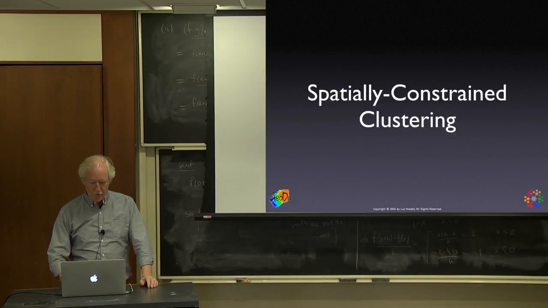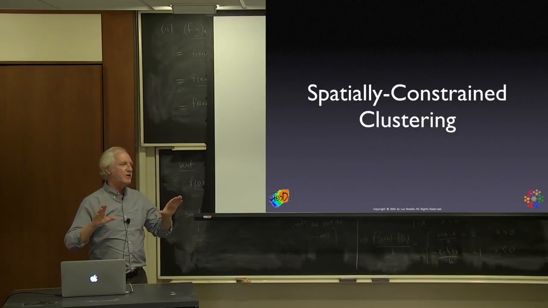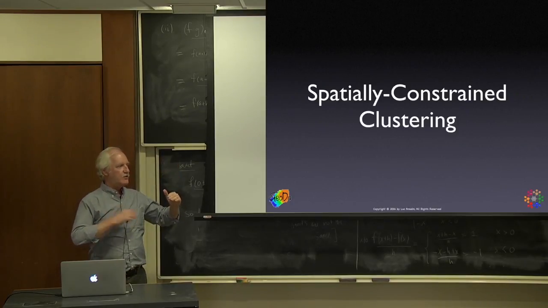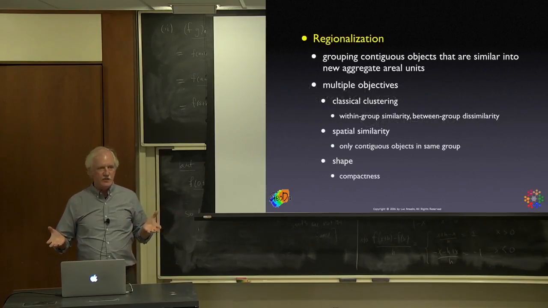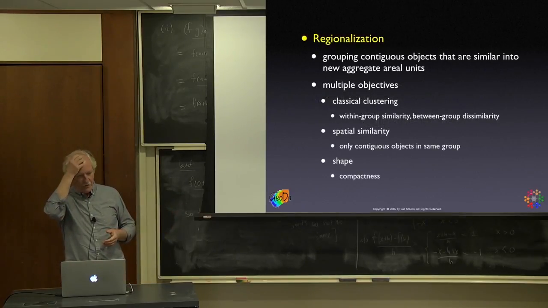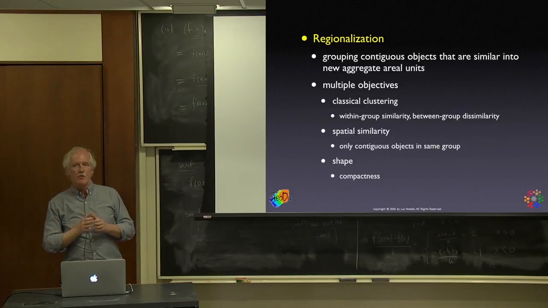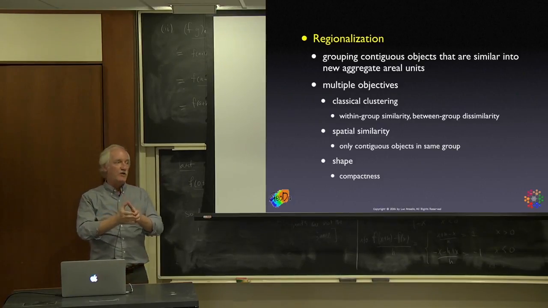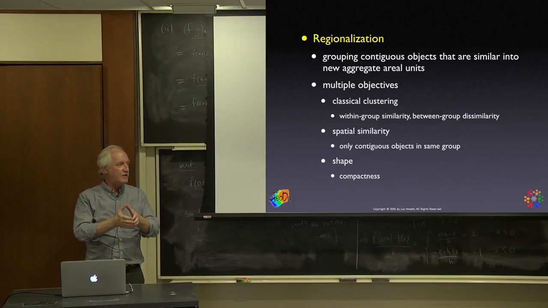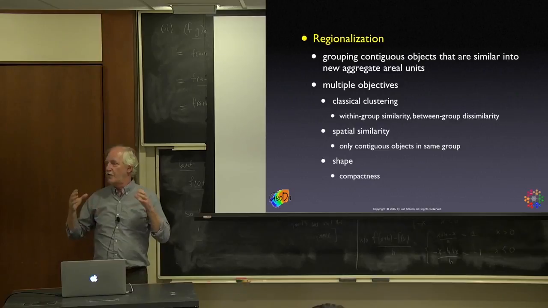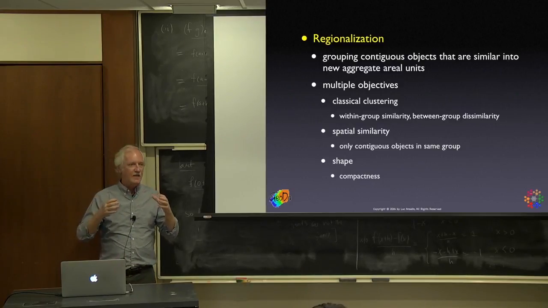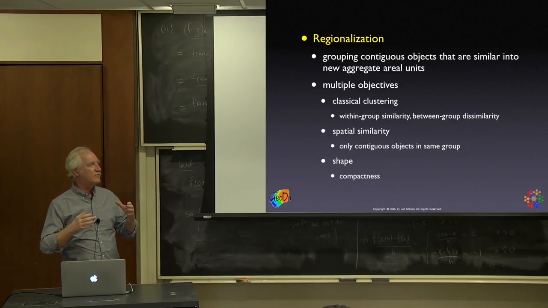Okay, so this is the non-spatial stuff, hierarchical versus partitioning, right? Spatial stuff is called regionalization. There's a number of different terms for this. One very, very critical application of this is redistricting. Redistricting creates regions of ideally identical population size, because one person, one vote.